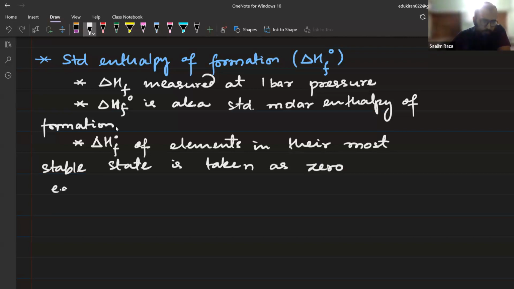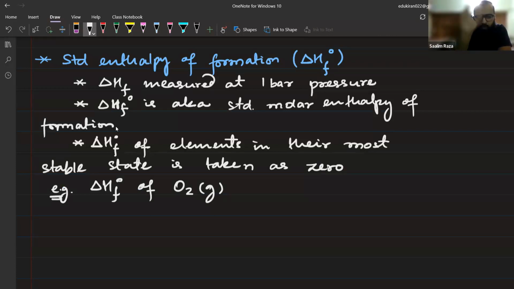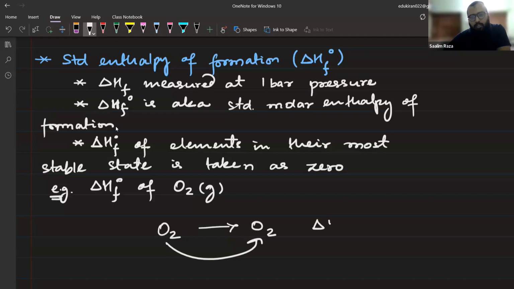For example, if I want to talk about the delta HF naught of O2 gas, अब एक बात समझिए ना, what we are asking is the enthalpy of formation of O2 gas. That means I have to write in my product O2. सही है? और O2 का elemental form क्या होता है? O2. So O2 से O2 जाने में what change? O2 ना, तो delta H क्या हो जाएगा? 0. Is that clear? Yes or no?